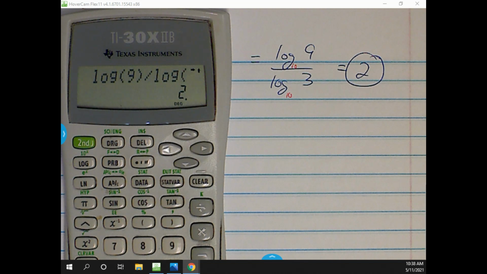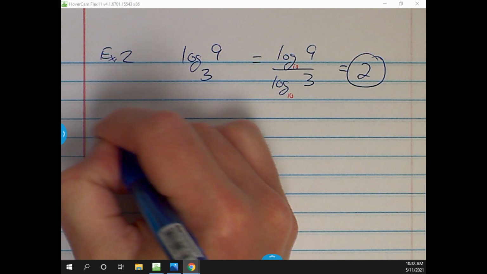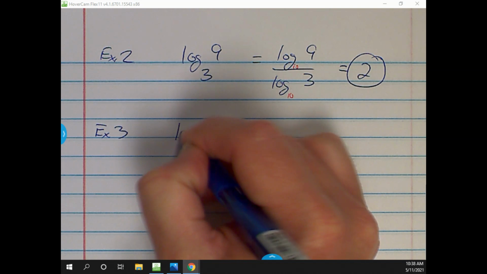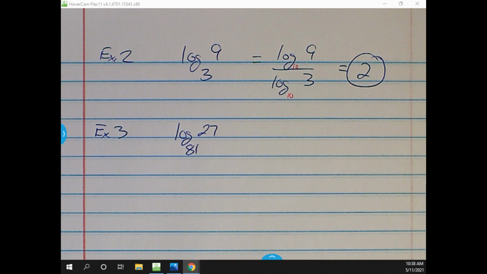All right, now, not every number that you check on these is going to come out to be a whole number. Some of these are going to have some decimals along the way. And they should tell you to round it off to 1 decimal place or 2 decimal places or 3 decimal places or whatever it is that they tell you to do. So if you get something like this one, let's say you have the log of 27 base 81.